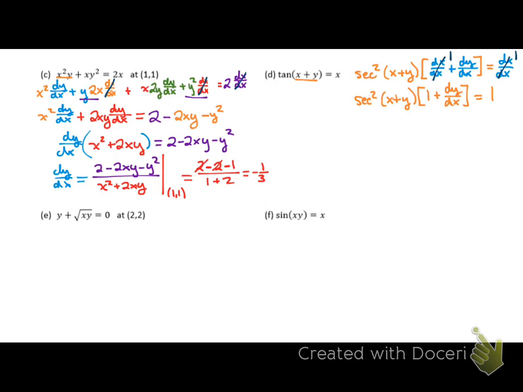My job is to get dy/dx by itself. That's right here. So I could start by dividing by the secant squared, right? Just divide it out. So I'm going to divide both sides by secant squared of x plus y. That'll cancel that. Okay, but now I still have 1 plus dy/dx.